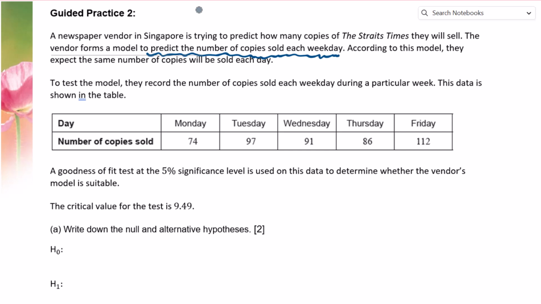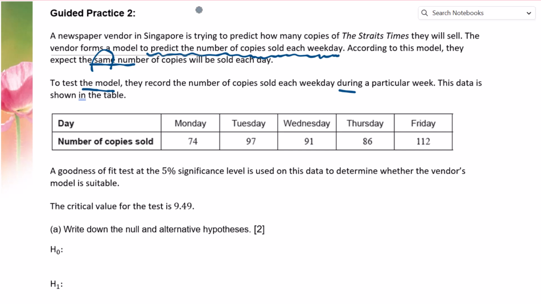According to this model, they expect the same number of copies will be sold each day. To test the model, they record the number of copies sold each weekday during a particular week. This data is shown in the table.